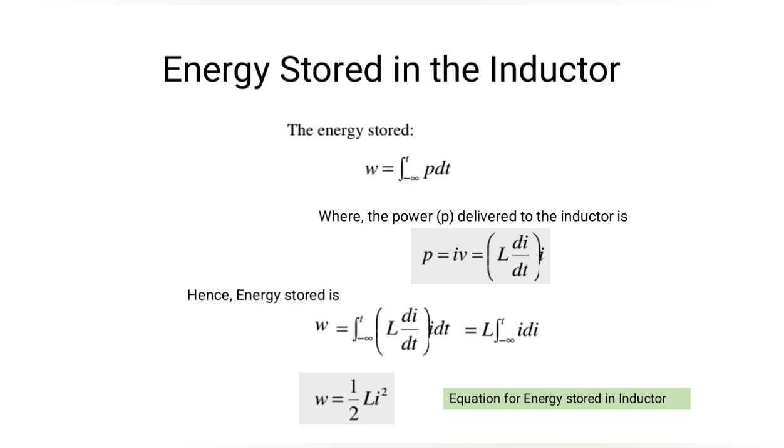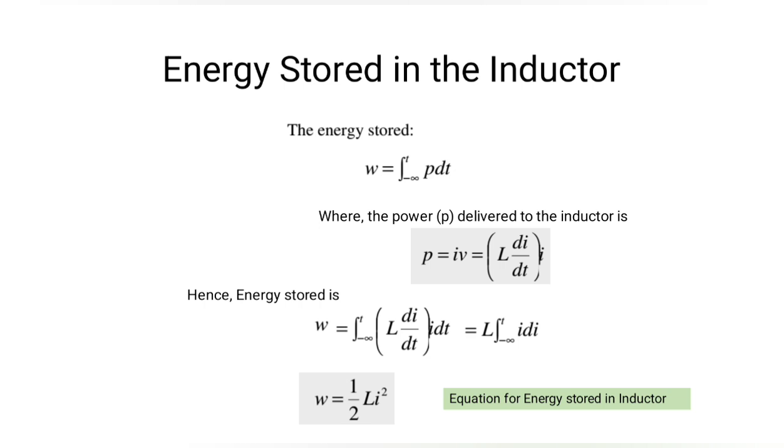In a similar way, we have to find how much energy is stored in the inductor. The basic equation for energy stored is W is equal to the integration of P dt, where P stands for the power delivered to the inductor, and P is equal to the product of voltage and current. And here, instead of V, we substitute L into dI by dt, and I remains the same. We apply this in the previous W equation.